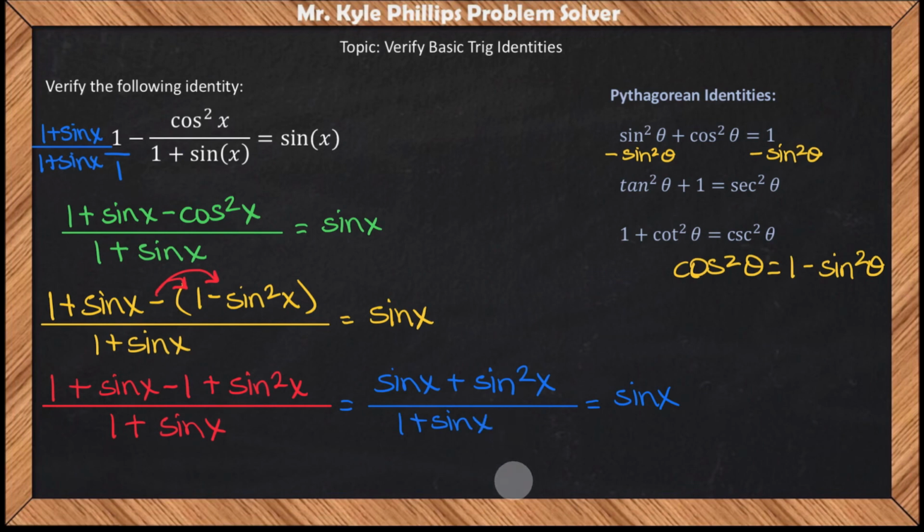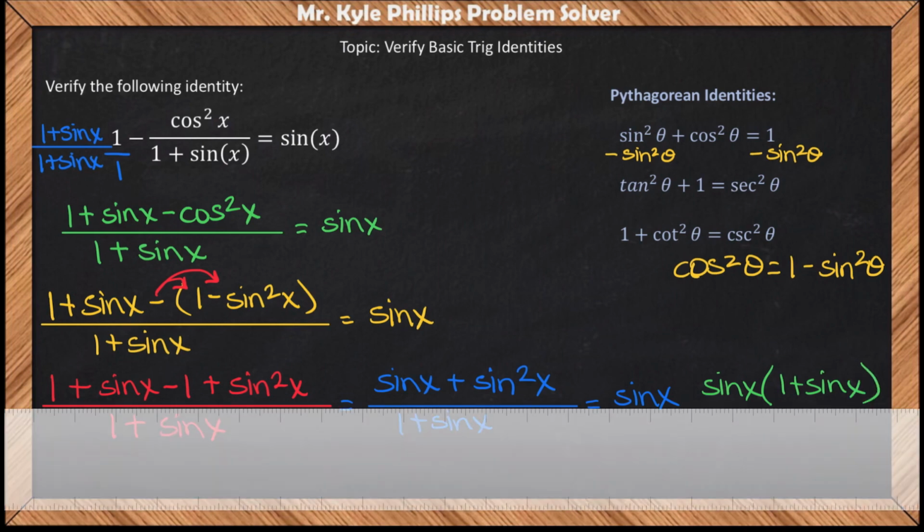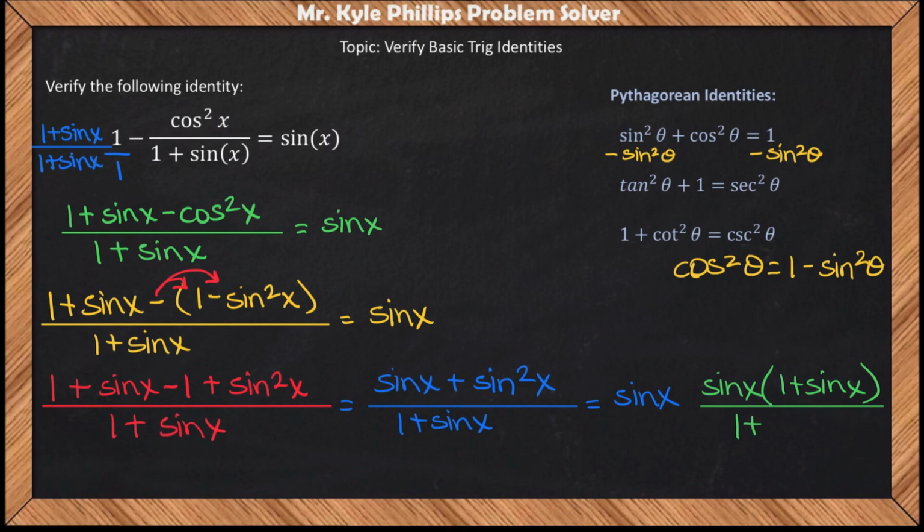And for that, we're going to have to factor. Here I have sine x times 1 plus sine x, all over 1 plus sine x. So here my binomial of 1 plus sine x reduces, and I'm left with sine of x.